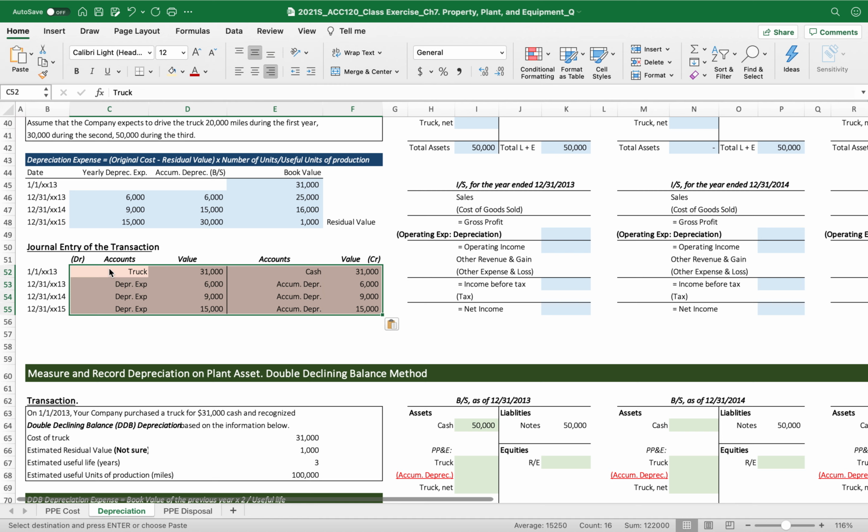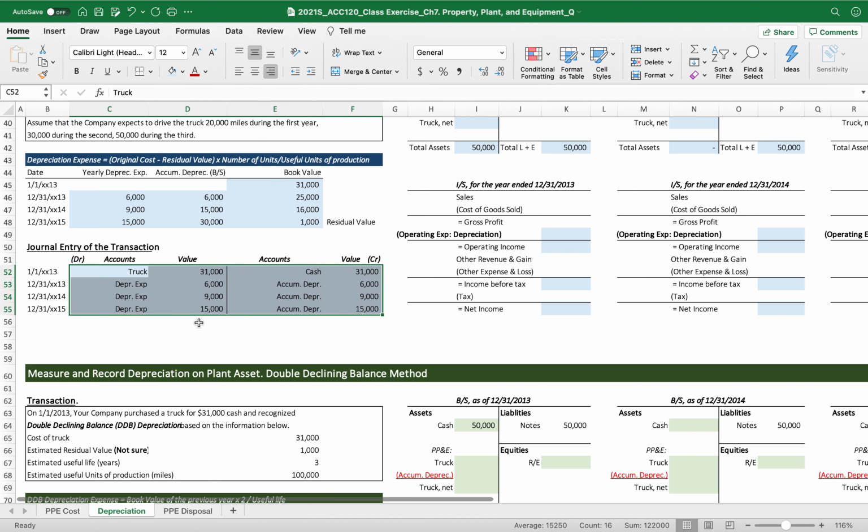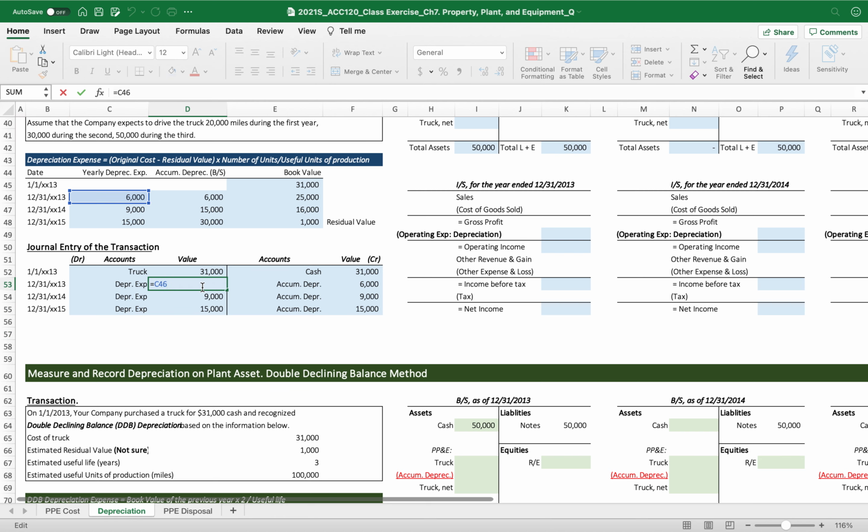Okay, we have the same account names as the previous exercise. First year, the truck we purchased for 31,000, depreciation 6,000, and then 9,000, and then 15,000 in the third year, right?